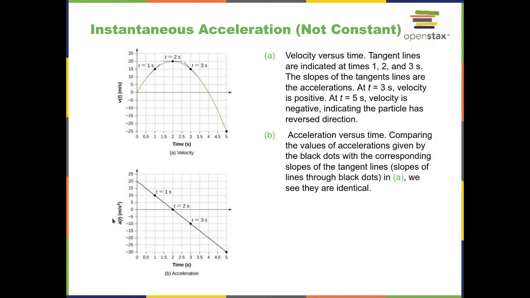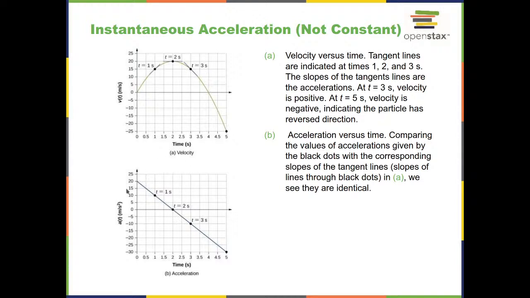So one thing you might want to think about is, what is the position going to look like? That requires that we take this velocity graph versus time and construct a position graph such that this velocity versus time graph is the derivative of that position graph. I'm not going to ask you to do that. That would require you to draw some third order polynomials, but you would be able to do that.